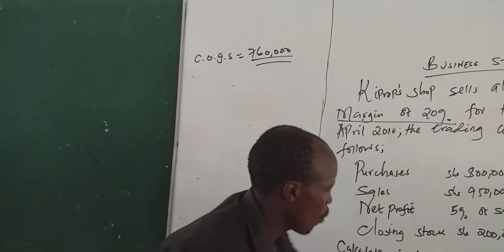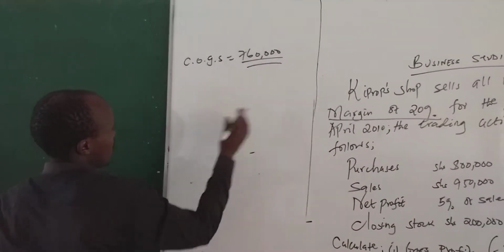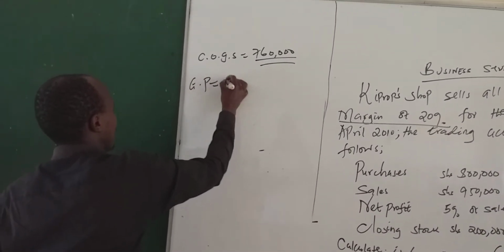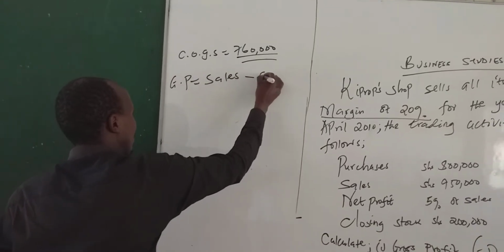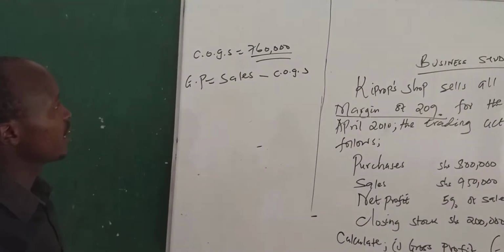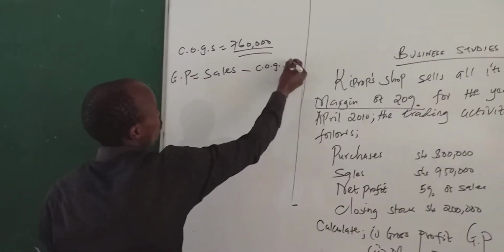But we are not there. We are calculating opening stock. So our opening stock will be given by, we know very well that gross profit is given by sales minus cost of goods sold.